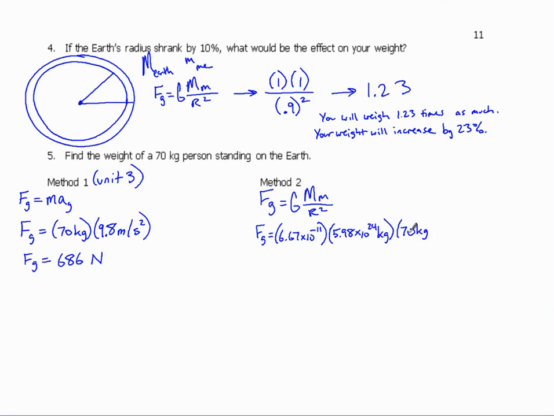And here's the mass of our person, 70 kilograms. This is divided by the radius of the Earth squared. A lot of times for the radius we use 4,000 miles. Again, we're going to keep this more accurate, 3,960 miles, and we need to change to meters. So 1 mile is 1,609 meters. All of that needs to be squared.